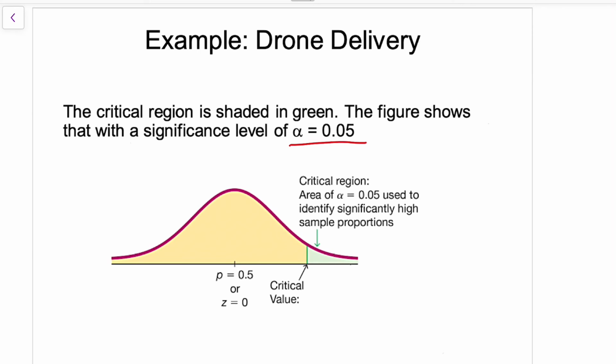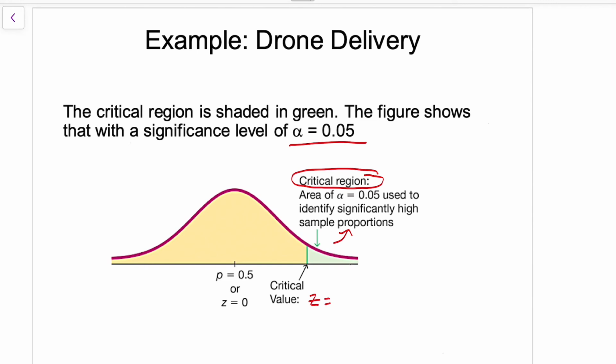Because I have a right-tail test, that tells me the critical region is going to be all the way to the right of the critical value. And this critical value will be the z-score that corresponds to having an area all the way to the right of 0.05. Well, to figure out what that critical value is, we need to look at our normal distribution chart and find a value that has an area to the right of 0.05.